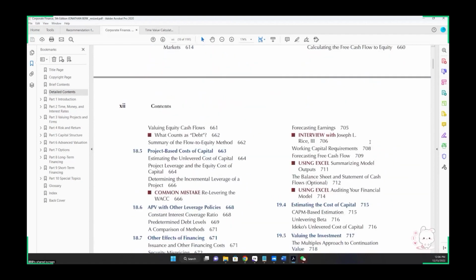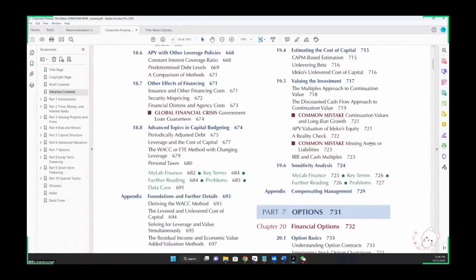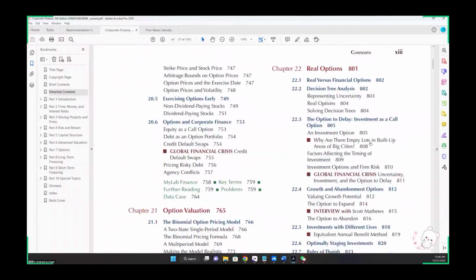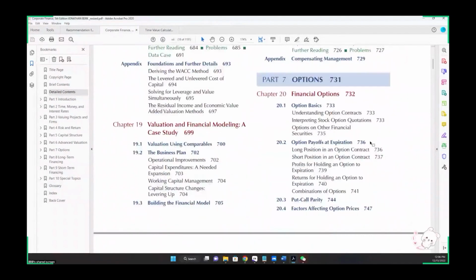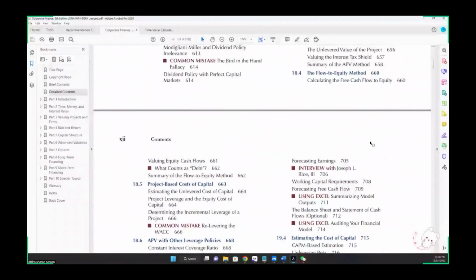I suppose we have some valuation of stocks, right? Valuation of stocks is very similar to that of bonds, with the exception that shares do not have maturity.